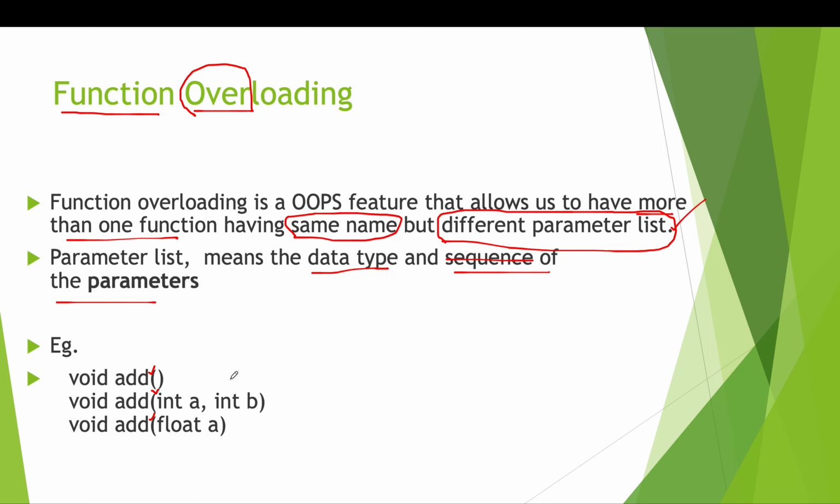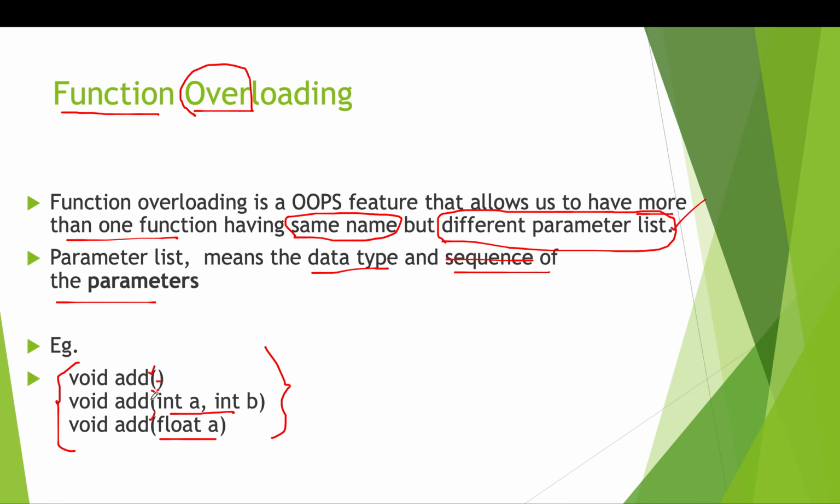But in object oriented programming, because of the polymorphism feature, we can have multiple functions in the same program with the same name. Now how are they different? They are different in terms of the parameters or inputs that we pass while calling those functions. The first function has 0 parameters, the second one has 2 integer parameters, and the third one has 1 float parameter. So this is how these 3 functions are different.